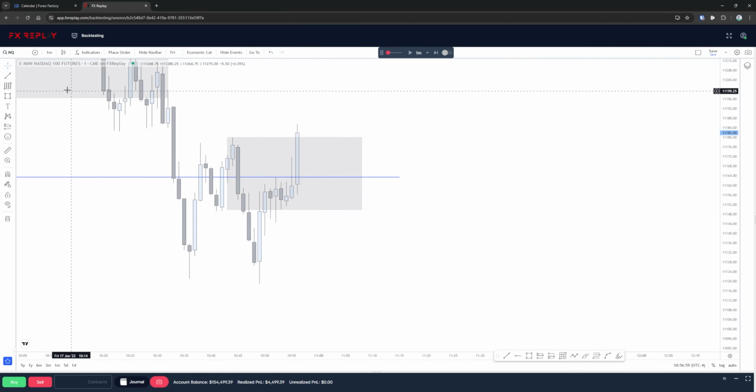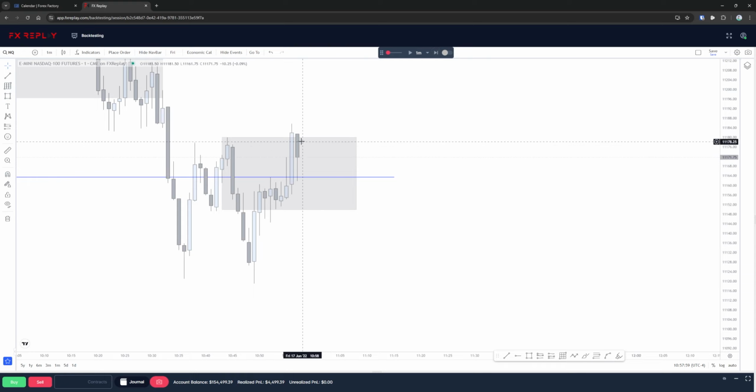Doubt it. No, there wasn't even an FEG aligned with this breaker block. We didn't get it at this candle, so this is now just irrelevant.